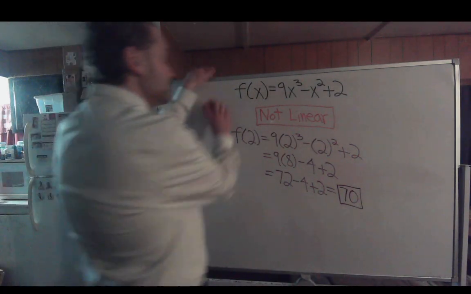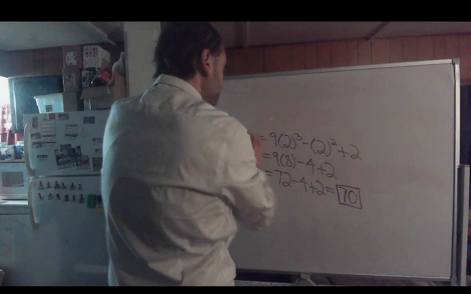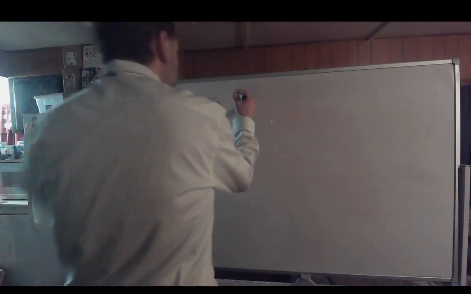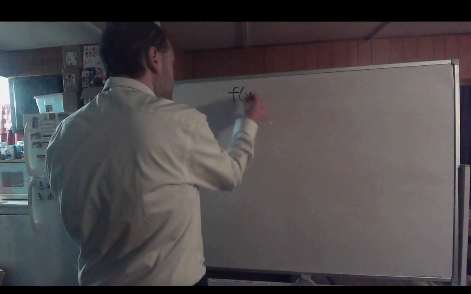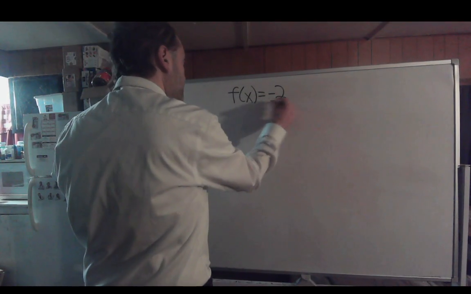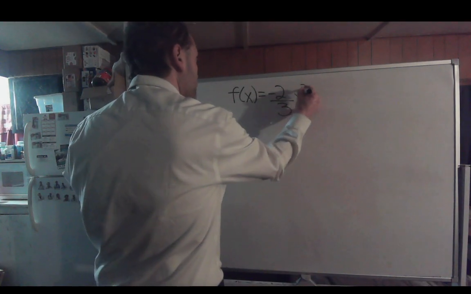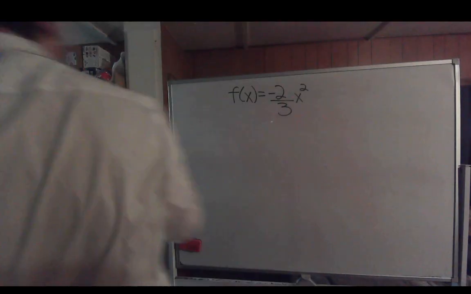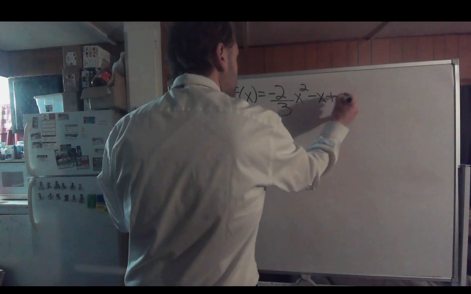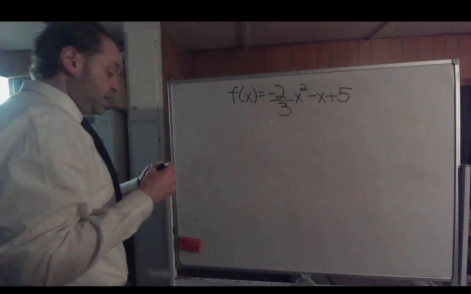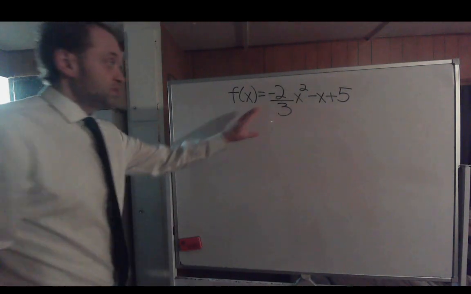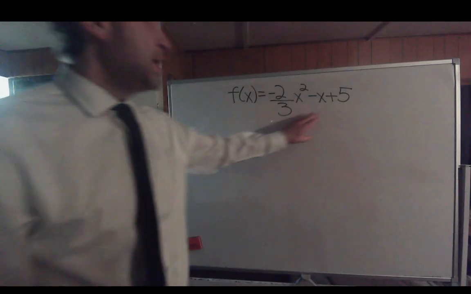And 2 more problems. Okay, we have f of x equals -2/3 x squared minus x plus 5.